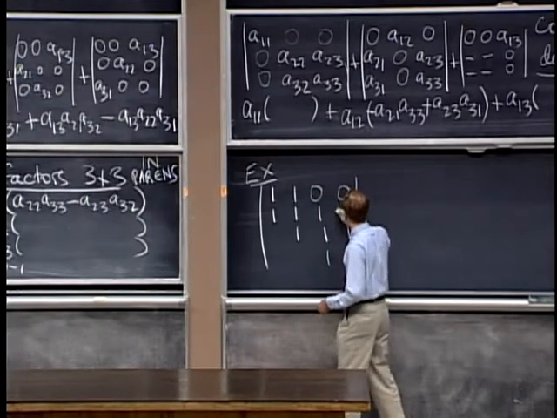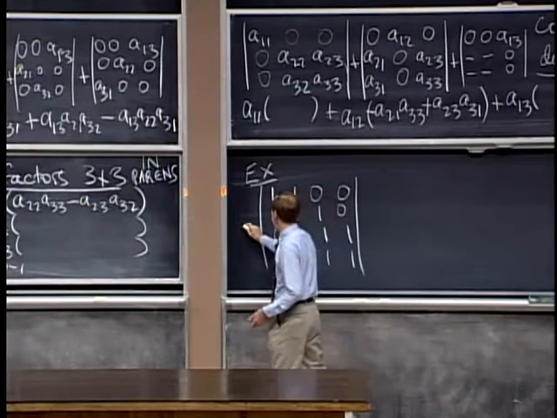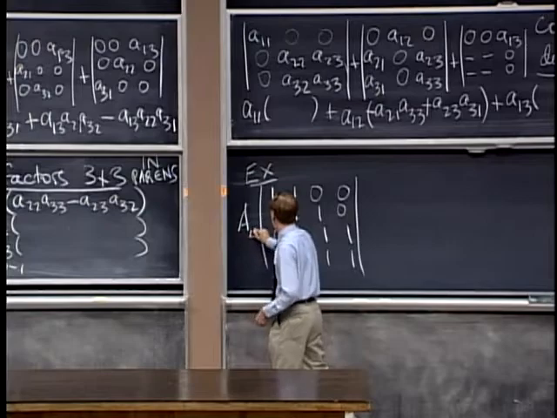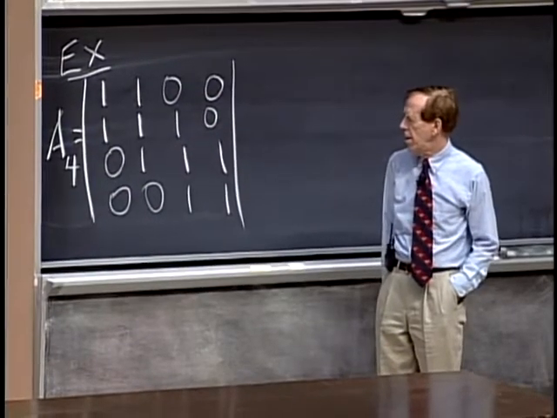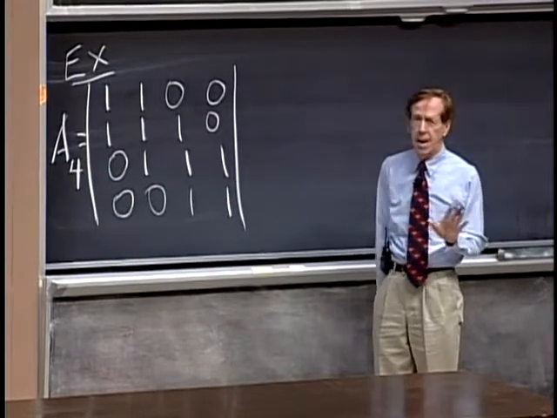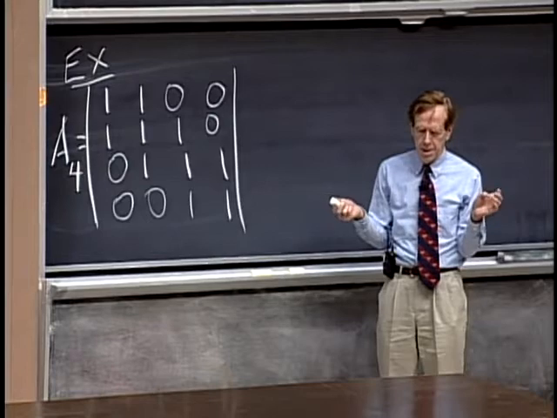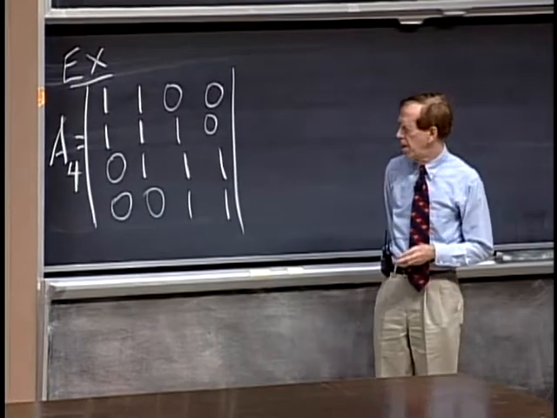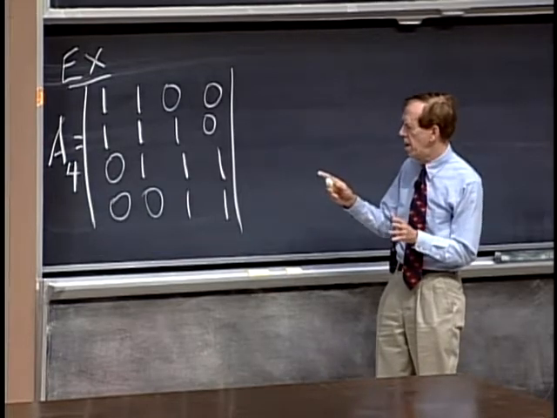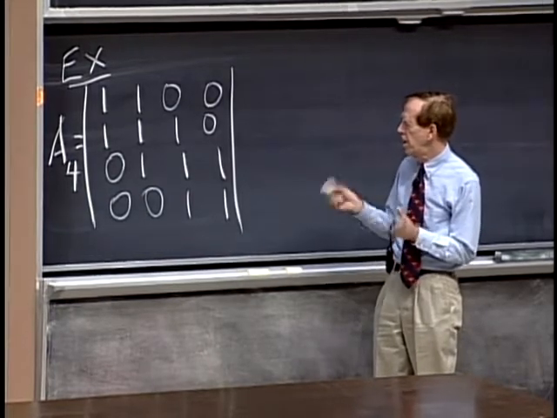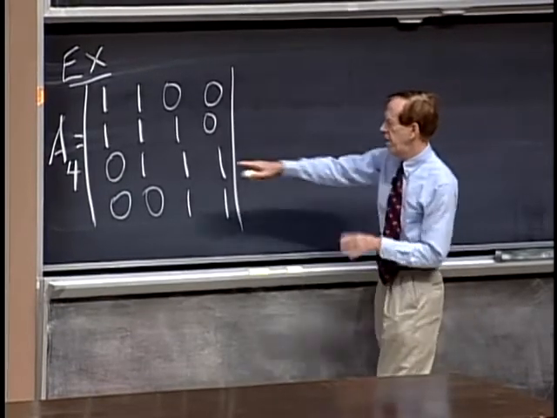I'm drawing here the 4 by 4. So this will be the matrix. I could call that A4. But my real idea is to do n by n, to do them all. So everybody understands what A1 and A2 are. Maybe we should just do A1, A2 and A3 for now.